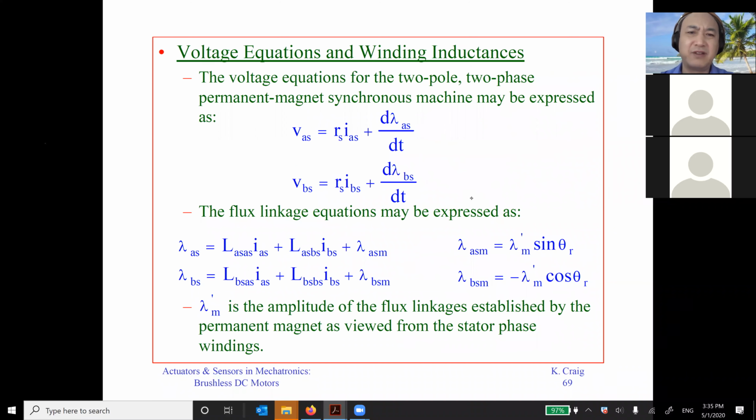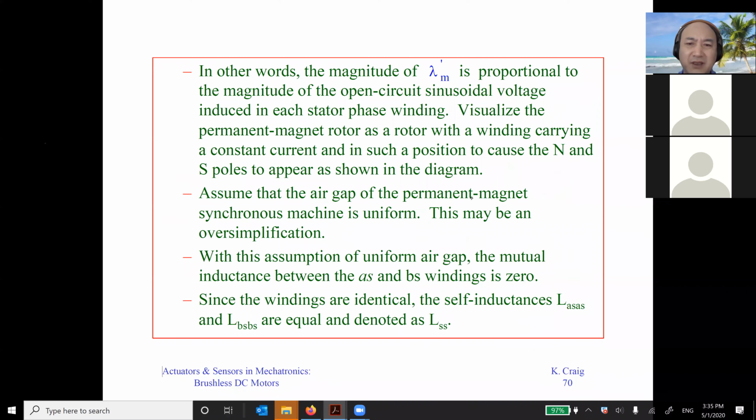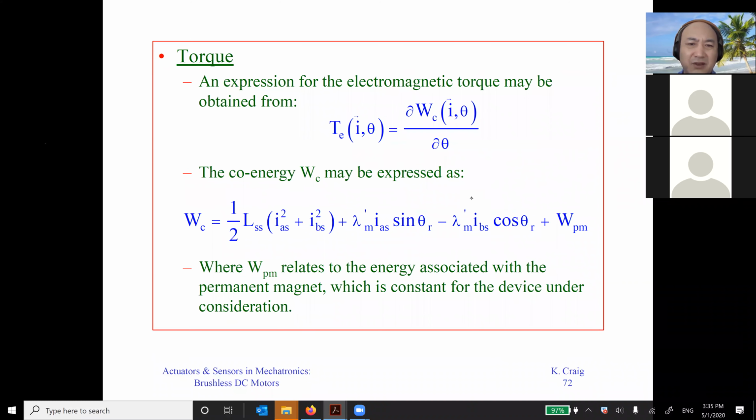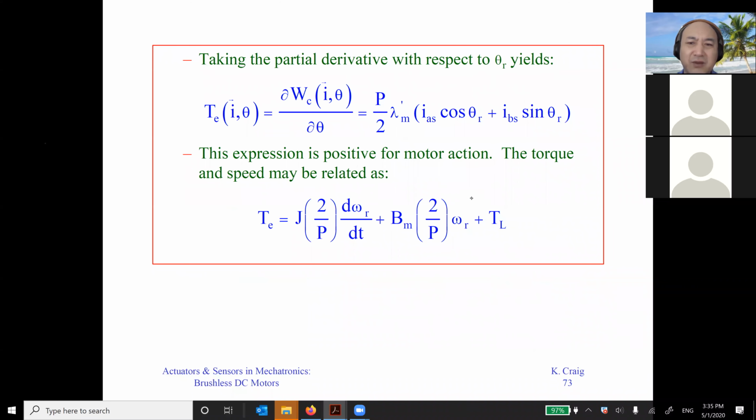Those derivations you can probably jump over because of this gap. It looks similar up to this point, so this is something we are familiar with. This is acceleration, this is damping, this is load, and we have the torque being provided.